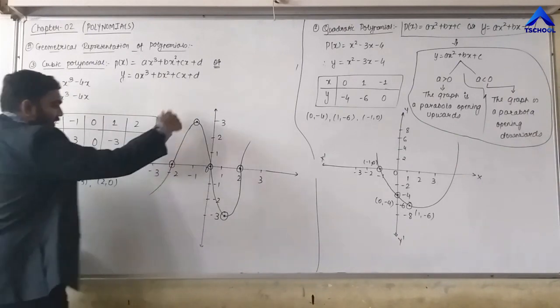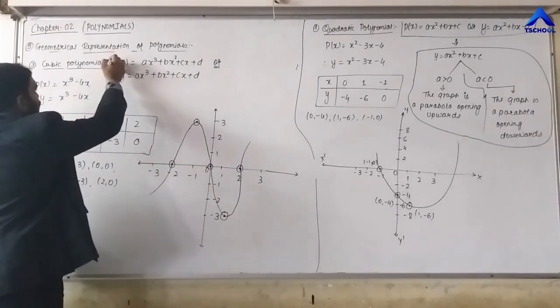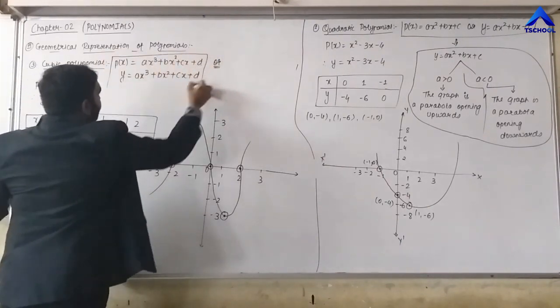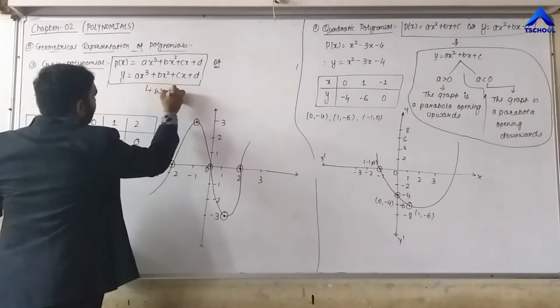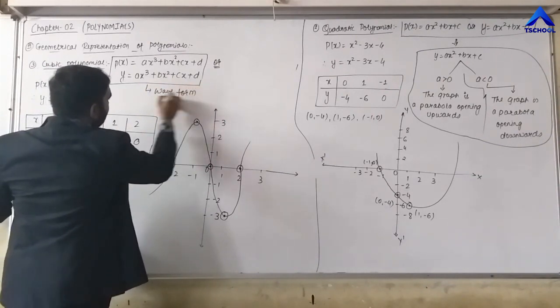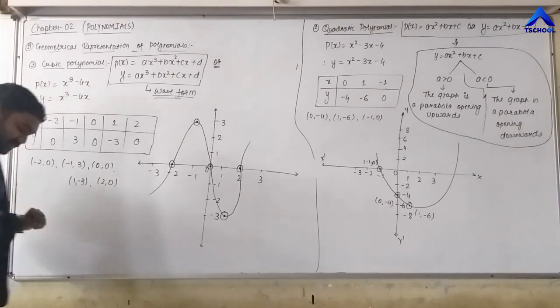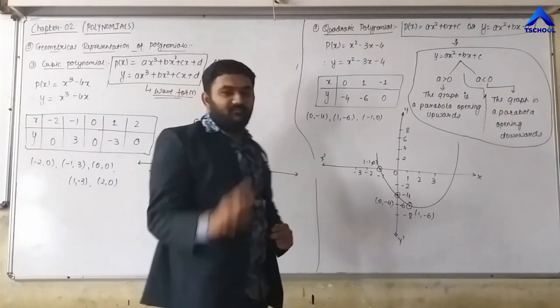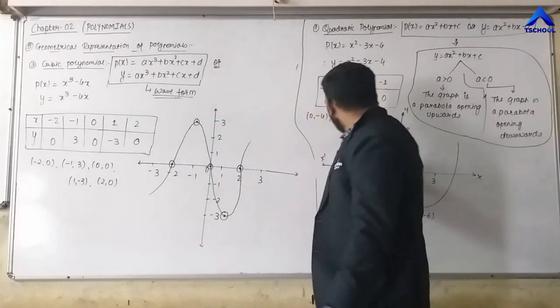You can see that the graph is in the shape of a waveform, right? The graph of a cubic polynomial is a waveform. Again, let us recall, the graph of a linear polynomial was a straight line. The graph of a quadratic polynomial is a parabola.